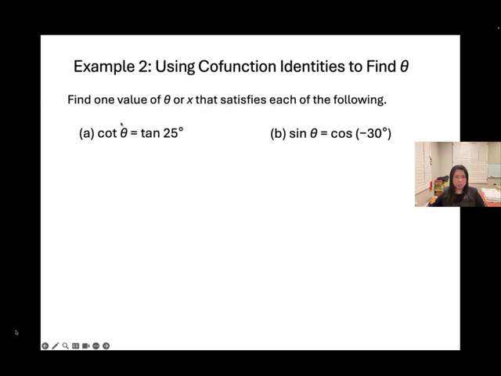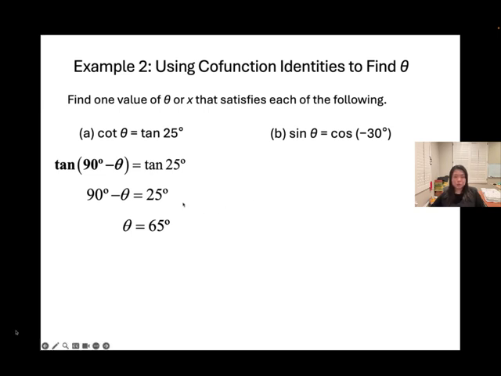So I would revise cotangent to tangent of 90 degrees minus theta. Since both of them have a tangent, we just cancel out, making it 90 degrees minus theta equal to 25 degrees. And then theta equals 65 degrees.